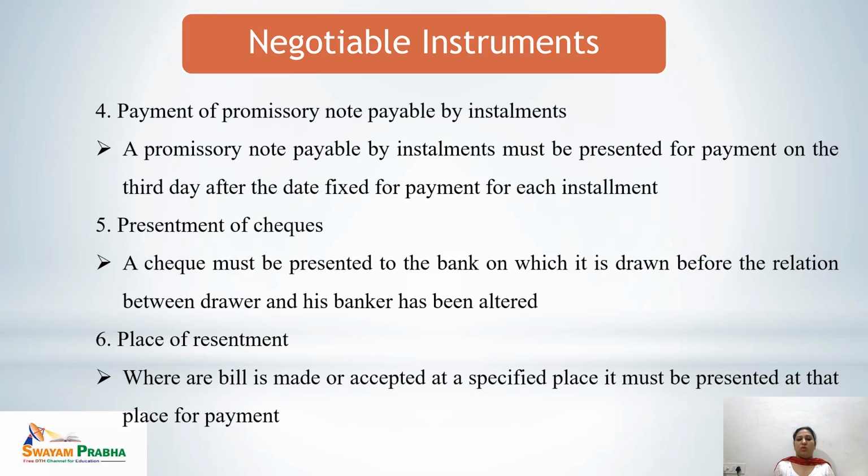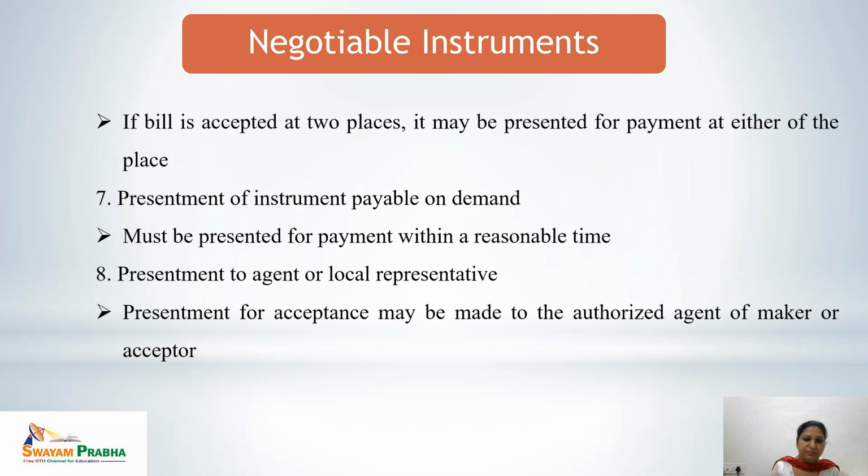Once it is endorsed or transferred to the next party, the position has been altered. So before that, the check must be presented for payment. Place of presentment: where the bill is made or accepted at a specified place, it must be presented at that place for payment.